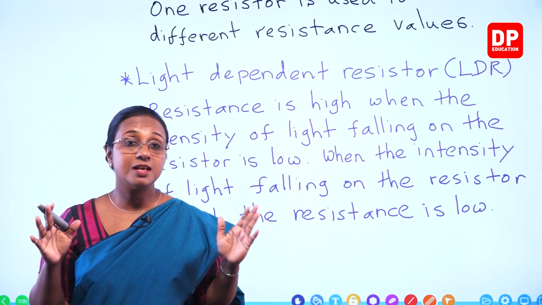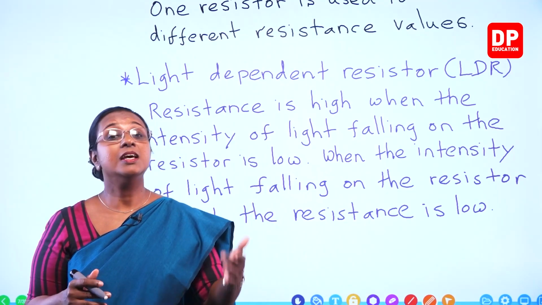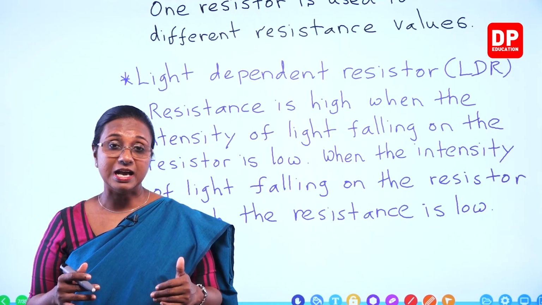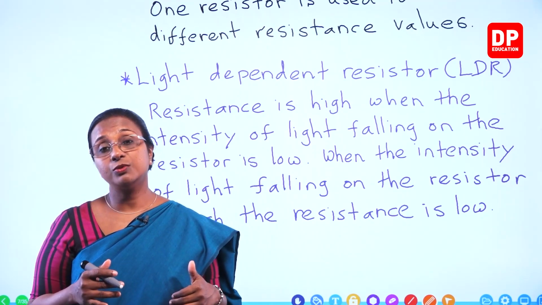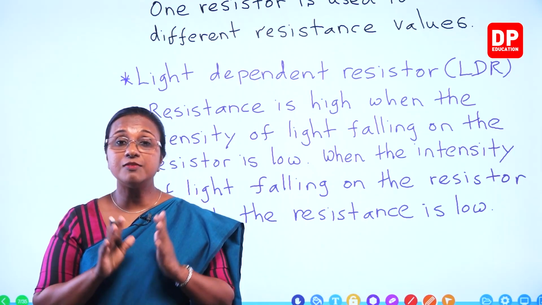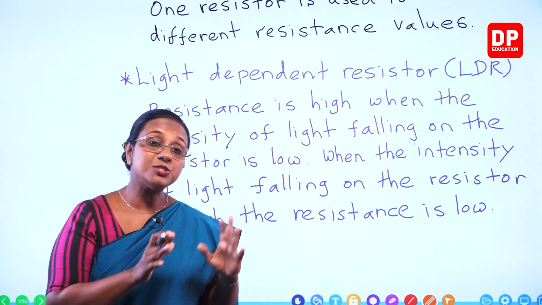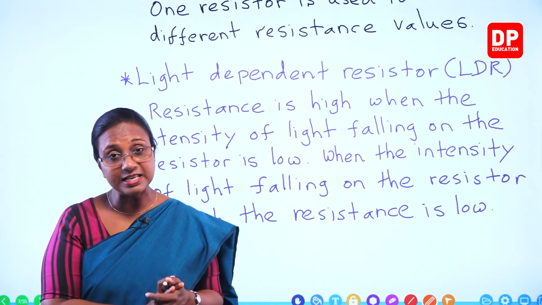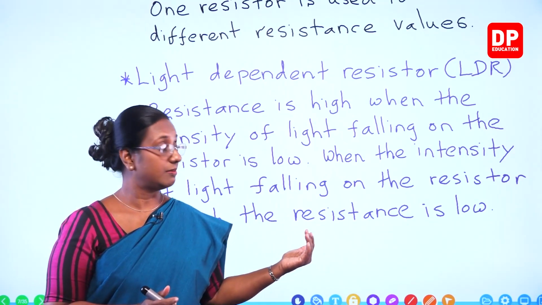And when there is less light intensity, the resistance will be high and the current flowing through the circuit will be less. So if you want to control the current flow through a circuit based on the intensity of light, then we can use this resistor.